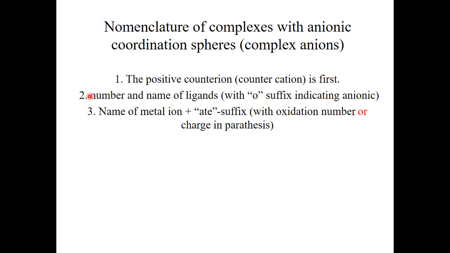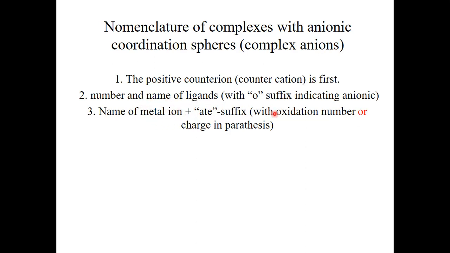Secondly, you number and name the ligands, and you place an o behind the ligand to indicate that the ligand is anionic. Thirdly, you name the metal ion and place an -ate as a suffix behind the name of the metal ion.